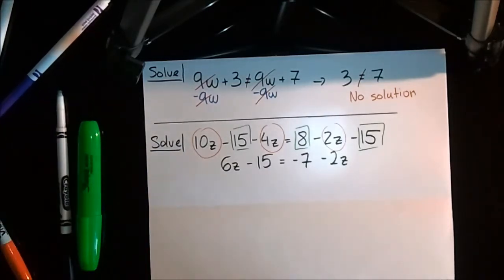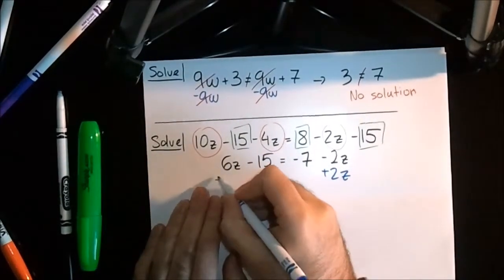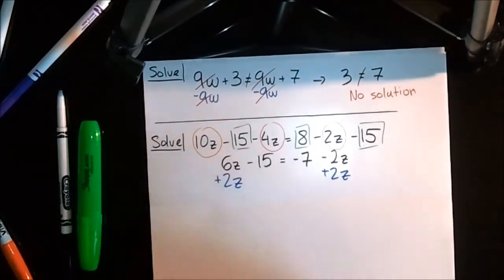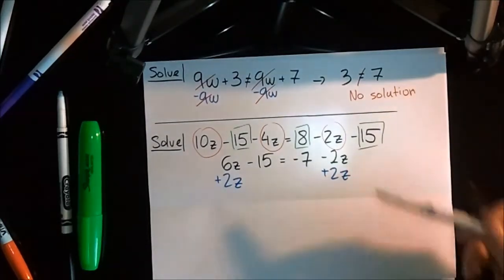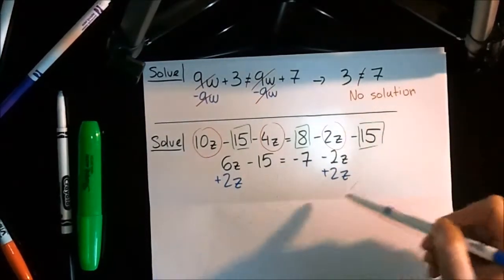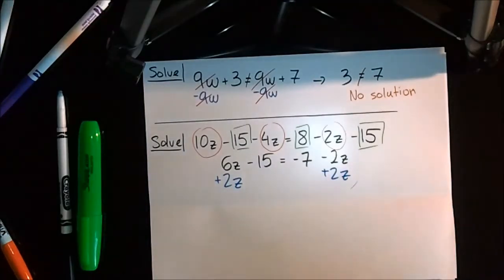How do I get rid of a negative 2z or a minus 2z? What's the opposite of a minus 2z or a negative 2z? Do you see that? I just added 2z to that side to get rid of this one here, because minus 2z plus 2z, kind of like minus 2 plus 2, is a 0.